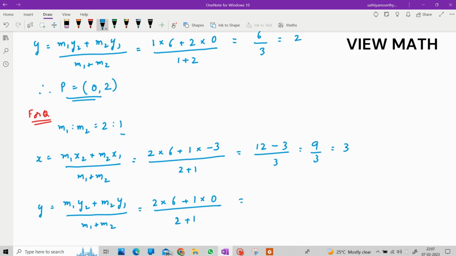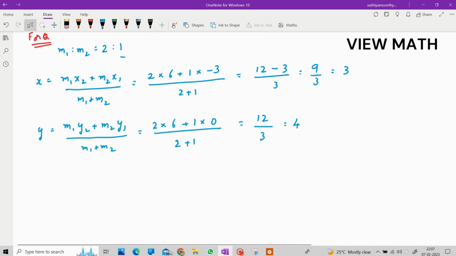So this is equal to 2 into 6 is 12 and 1 into 0 is 0, divided by 3, which is equal to 4. Therefore, the coordinate of Q is equal to 3, 4.